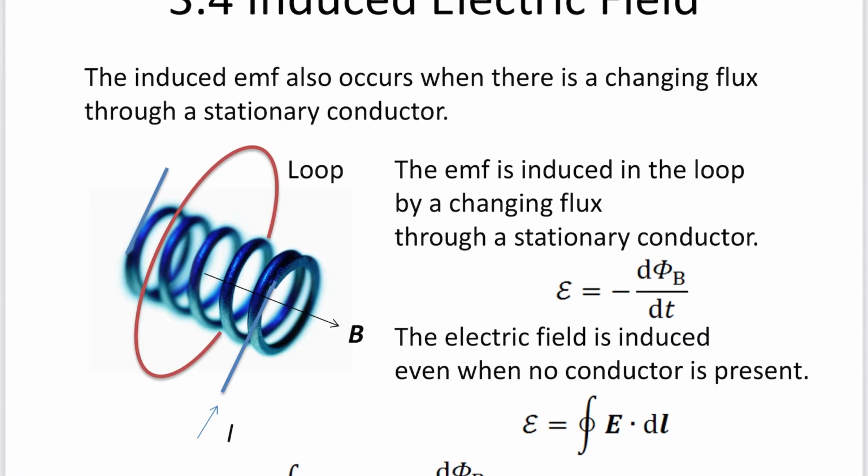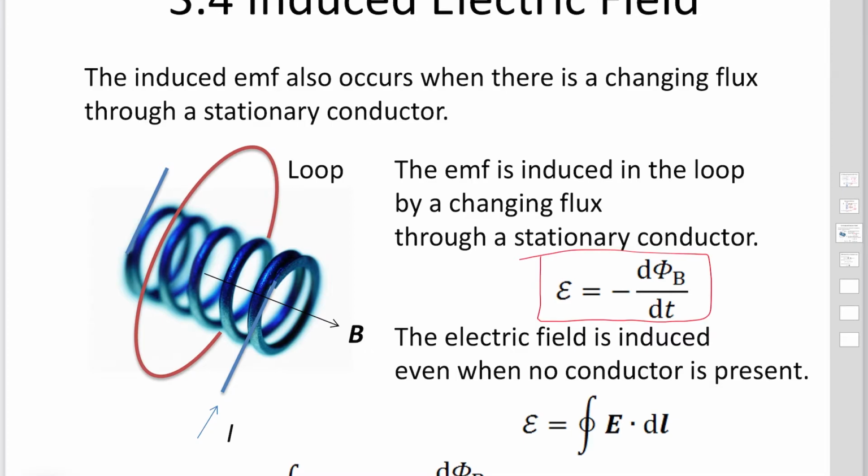EMF is induced in a loop by a changing magnetic flux through a stationary conductor. We can use the same equation. The induced EMF epsilon is equal to the negative d phi sub B over dt. And the electric field is induced even when no conductor is present.